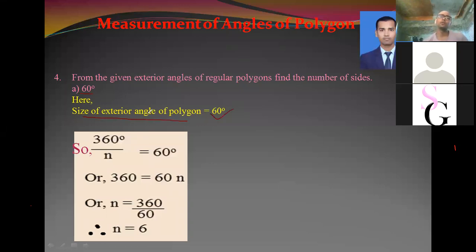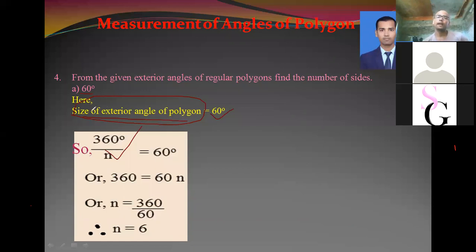As you know, the formula used to find the size of the exterior angle of a polygon is 360 degrees by n.